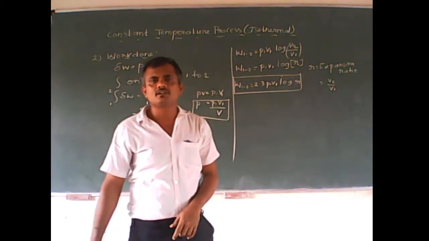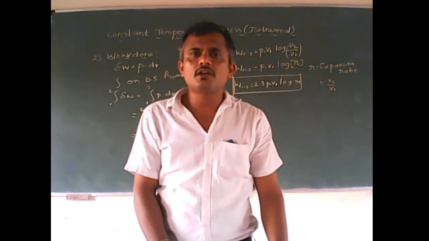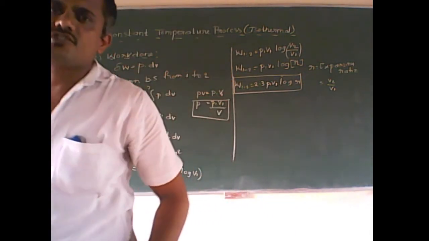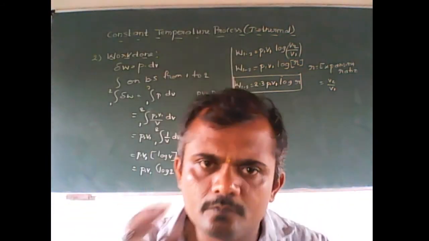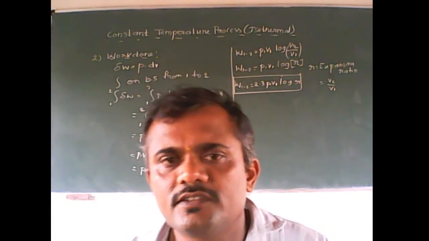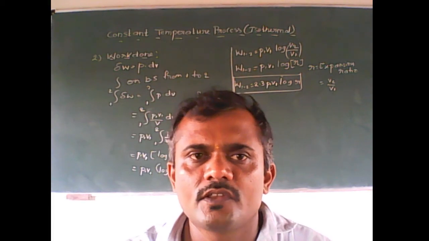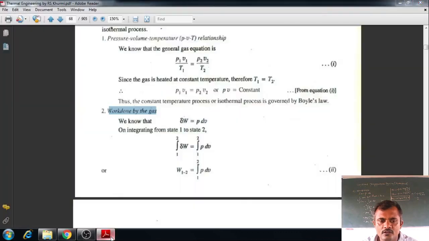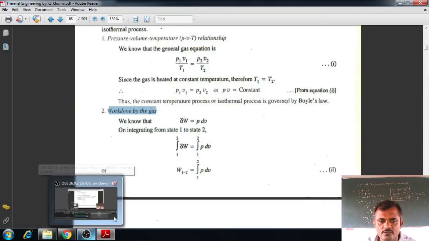So this much is sufficient for deriving the constant temperature process. The expression for work done is this one. If I take this textbook, here you can see this term I have explained.